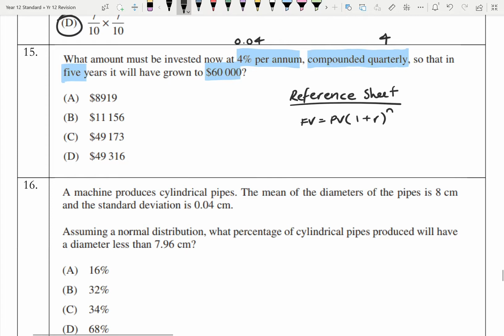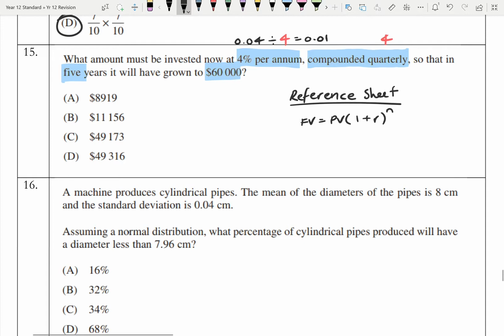So what we need to do is look at our percentage and say, well, that's 4% per year. So to figure out what that is per quarter, I need to divide that by 4. To color code it, just so it's really clear, this is how many times it's going to compound, and that is what we are dividing by. So you should get 0.01 is our interest rate per quarter.